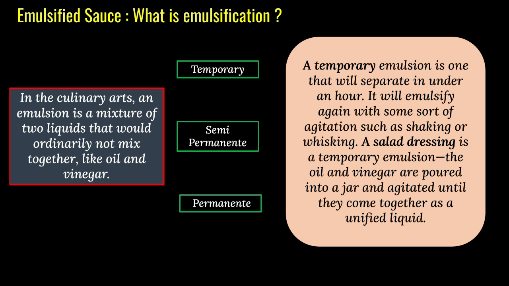So you take the required amount of oil and vinegar in a jar and shake it for some time. You'll see that there is a transformation and it has become a unified liquid, and that can be sprinkled on salad as a salad dressing. Okay, so that is an example of temporary emulsion.